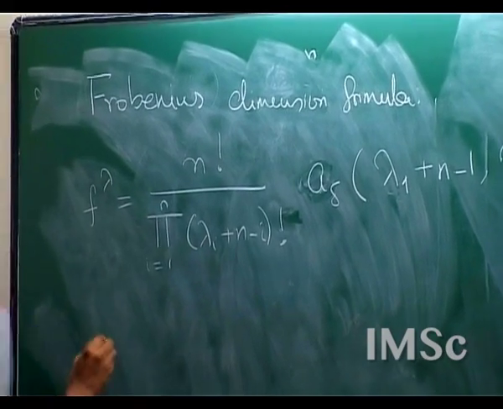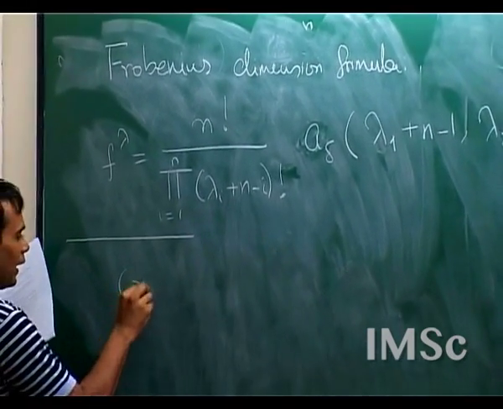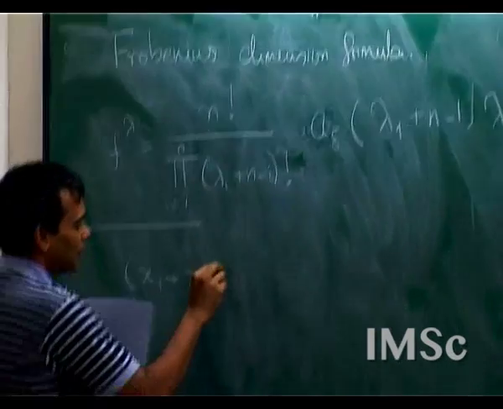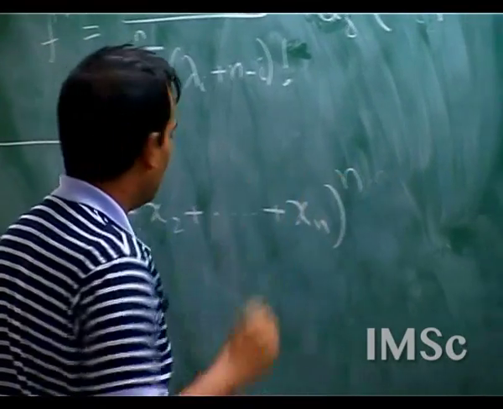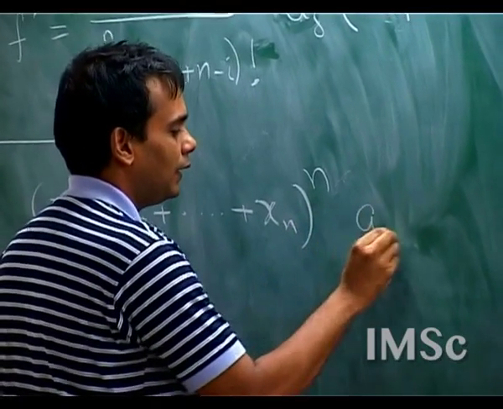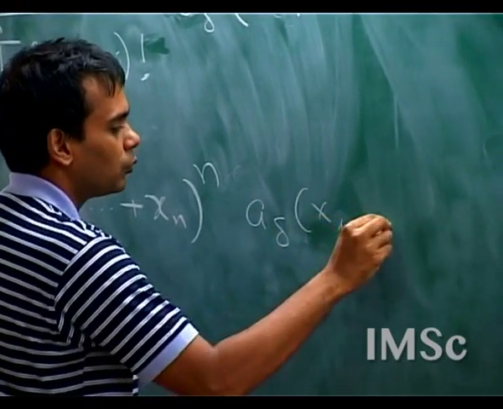Let's just start with this polynomial (x1 plus x2 plus ... plus xn) to the power n, times A delta of x1 through xn.